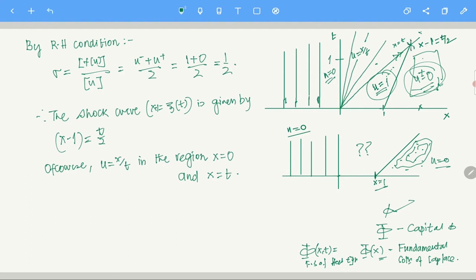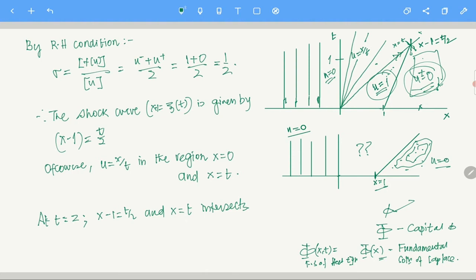At t equals 2, x minus 1 equals t by 2 and x equals t intersect. So again the same problem will happen. You do understand? If they intersect, again the same problem will happen.